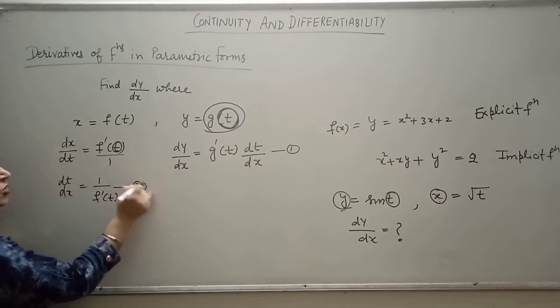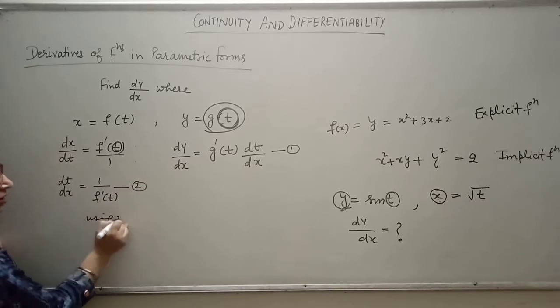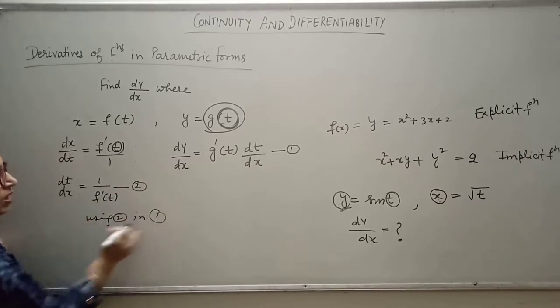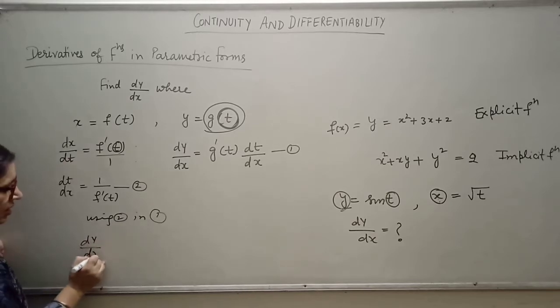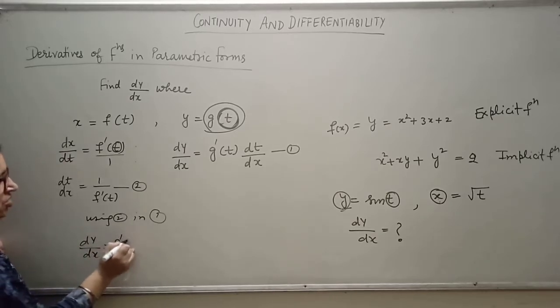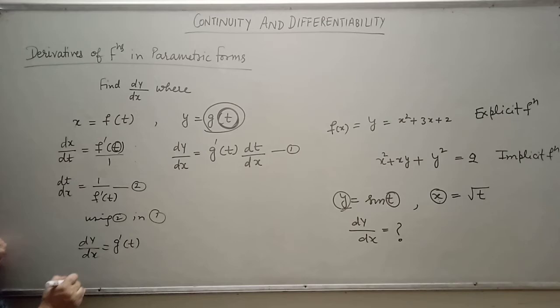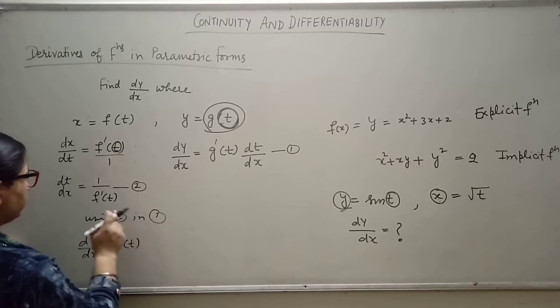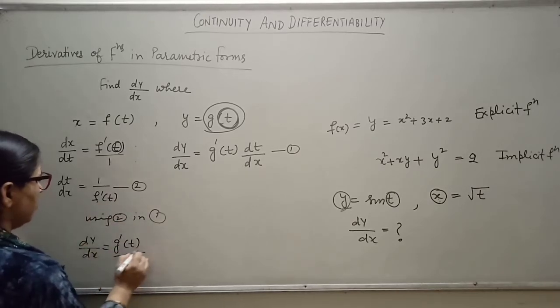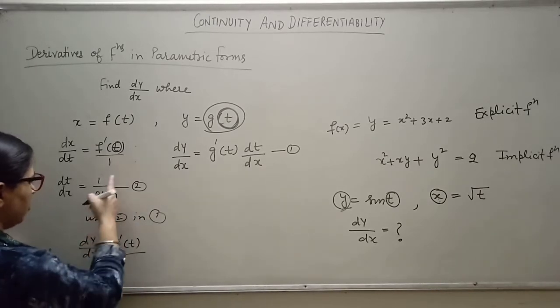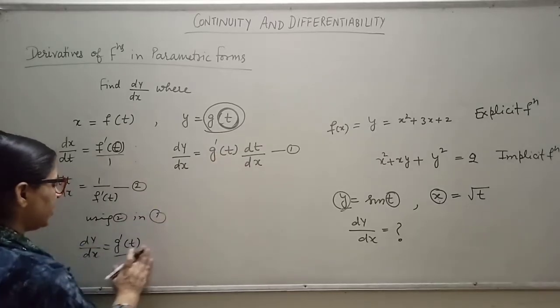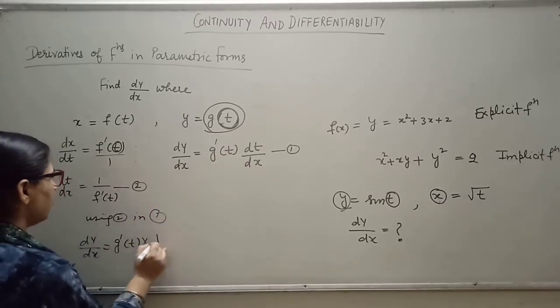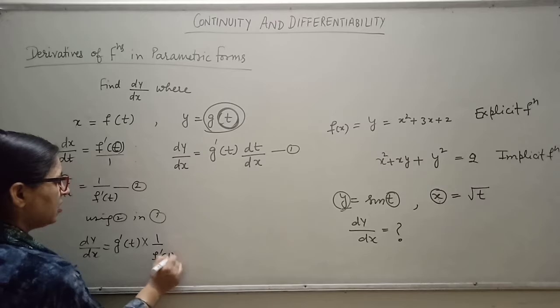Now using 2 in 1, it becomes dy by dx is equal to g dash t into dt by dx, and what is dt by dx? 1 upon f dash t.